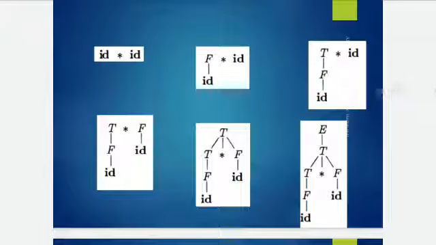So how will we reach our destination node? Suppose we have the terminal nodes id star id.